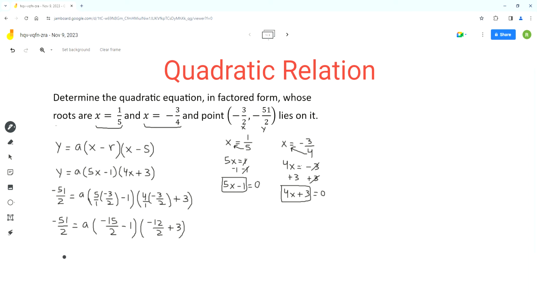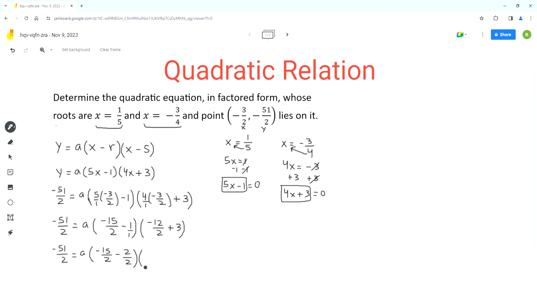Now we can combine the terms in both parentheses. The left side stays the same, and in the first parentheses we can combine them by finding the common denominator. The denominator of 1 is 1, so here the common denominator is 2. So we get negative 15 over 2, and then we multiply 1 over 1 by 2 in the numerator and the denominator, and we get negative 2 over 2.